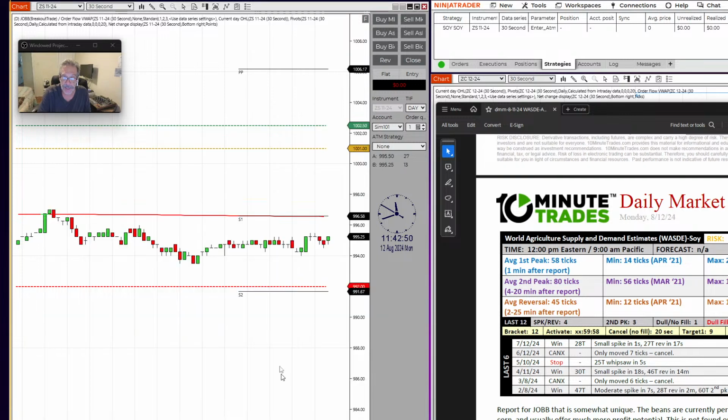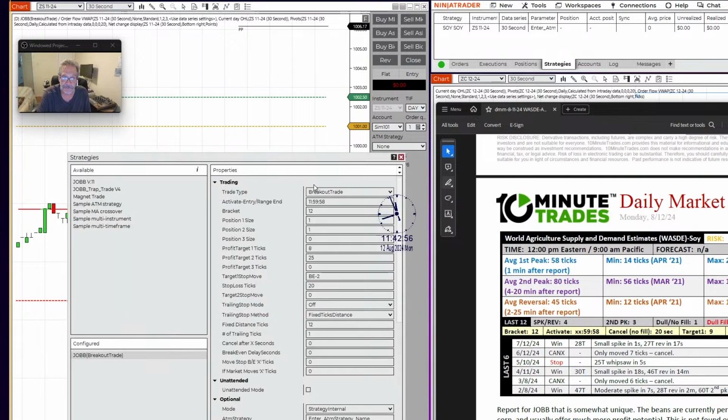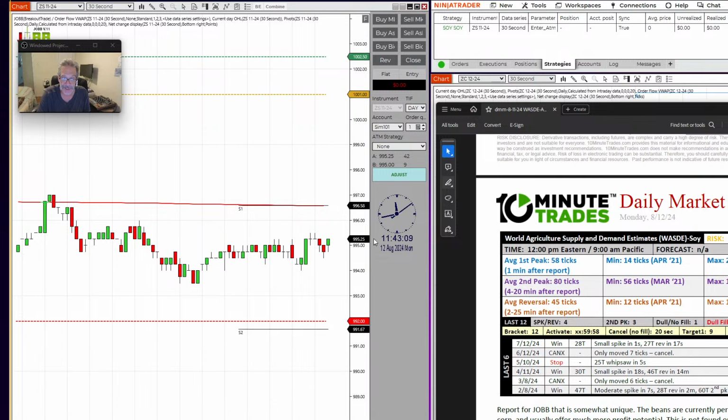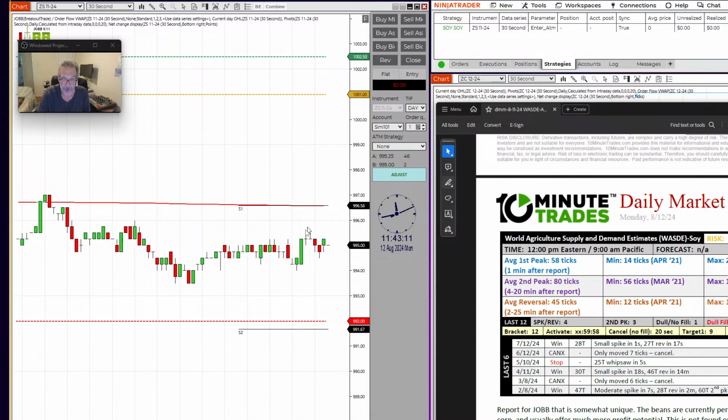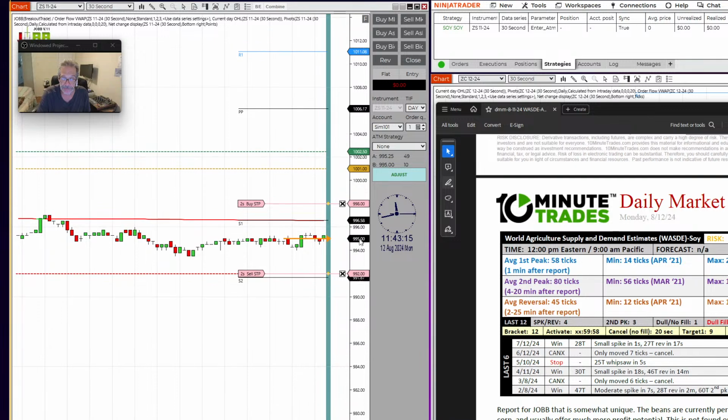Not that complicated. And I'll check my brackets by setting the time to 0. And when we set our brackets to 0 and the price moves, it creates the brackets on the chart.